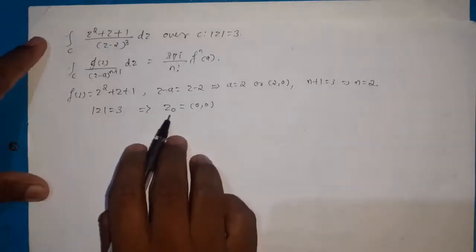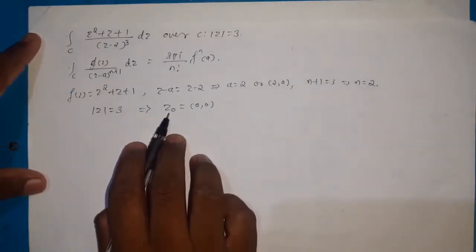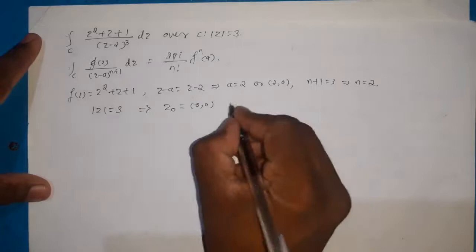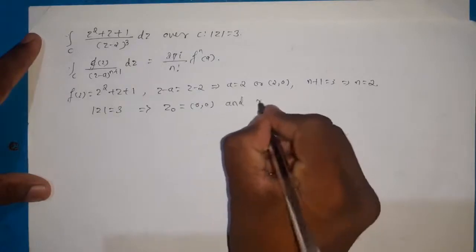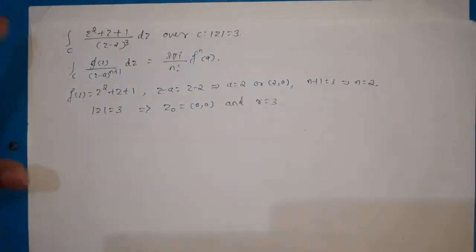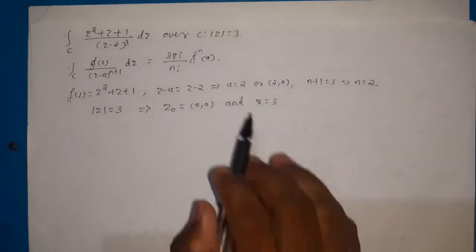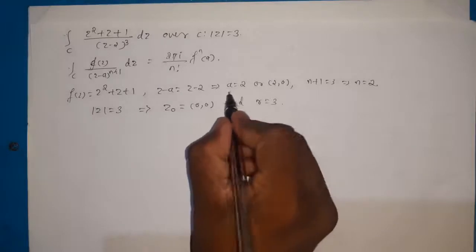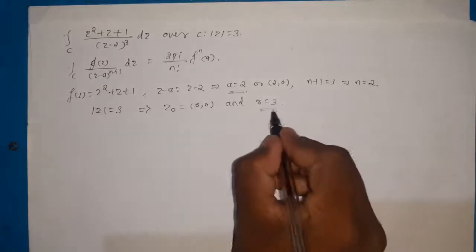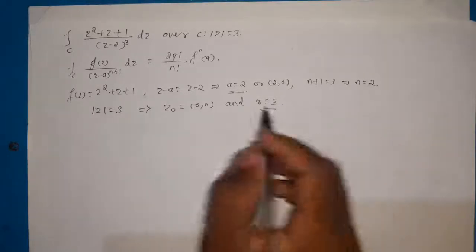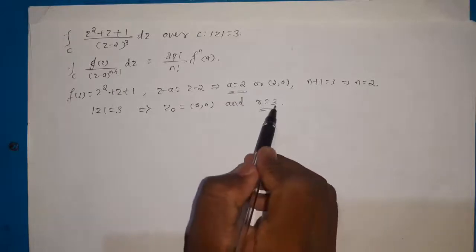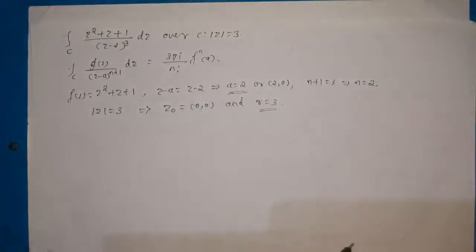So the center is z naught equal to (0, 0), and the radius is equal to 3. Again, since the center of the circle is (0, 0), there is no need to find the distance between the center and the given point. Just look at the value of a. Here the value of a is 2 and the value of r is 3. Hence 2 is less than 3.